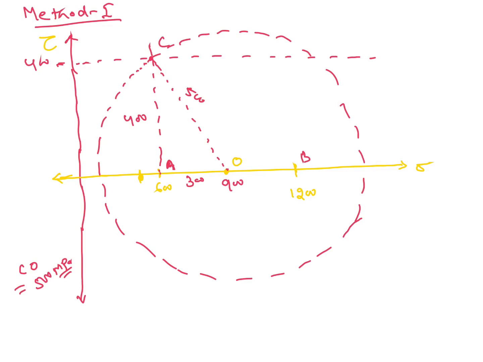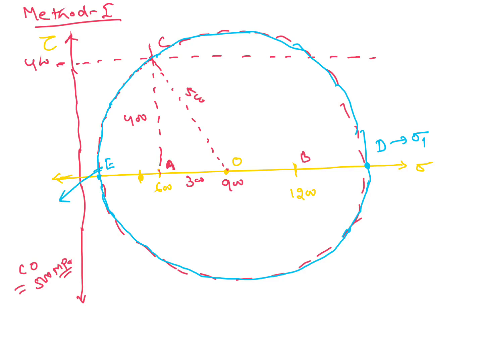Sometimes they may ask minor principal stress, or maximum value of shear stress. Maximum value of shear stress is the radius of Mohr circle, 500. Here mark the points D and E. At D point this is sigma 1, major principal stress, and at E point is sigma 2, minor principal stress.